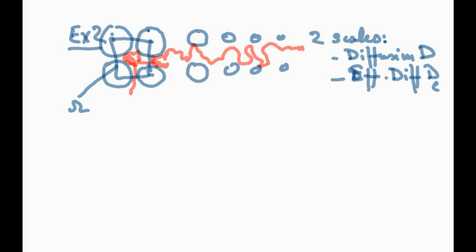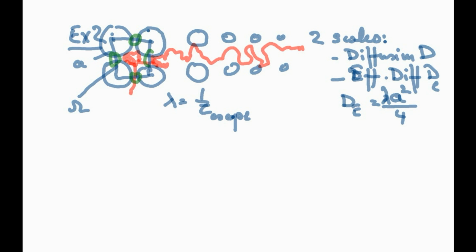And so dE is, for example, given by the size here of this square, let's call it A squared, divided by the time it takes, or 1 over the time it takes lambda to escape, divided by 4, where lambda is 1 over the time to escape. This is the time to escape this domain through this little hole here that I'm marking in green.